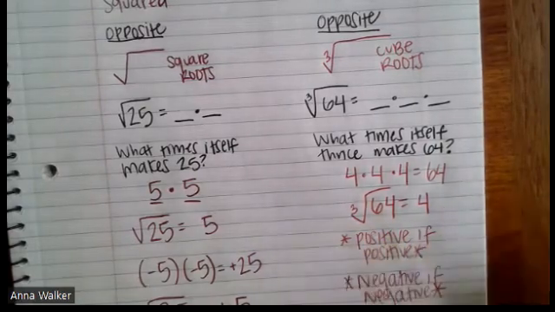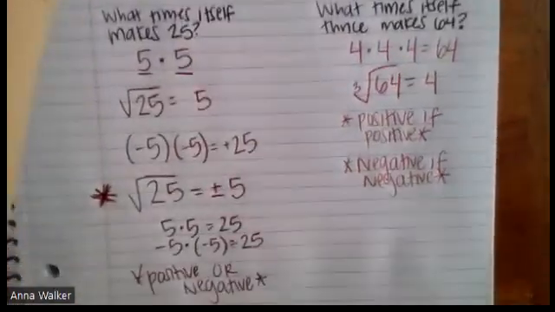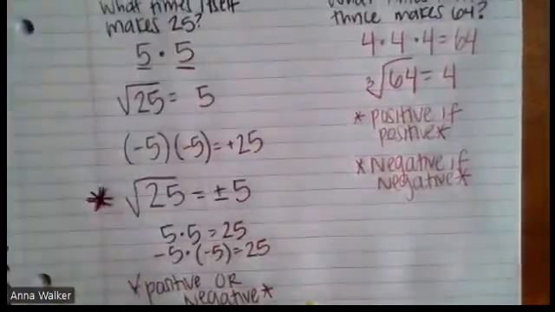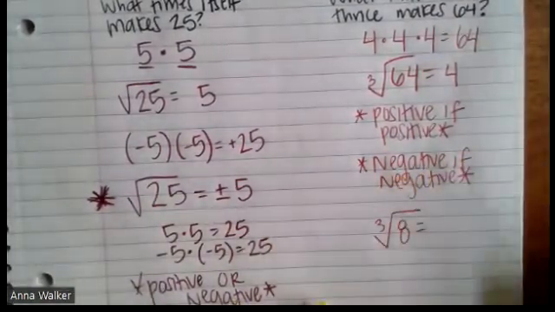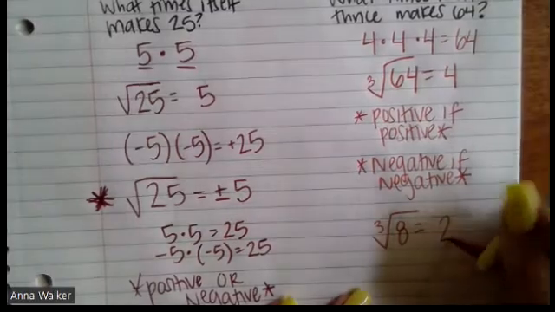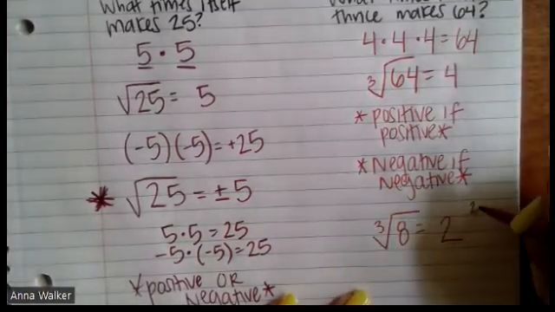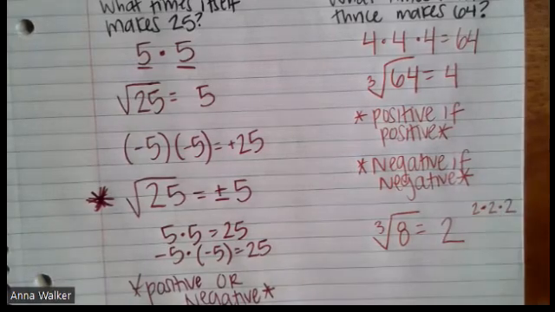And let me show you an example so you can see what I mean, okay? So let's say we want to find the cubed root of 8. What times itself 3 times makes 8? The cubed root of 8 is actually 2, because 2 times 2 times 2 makes 8.